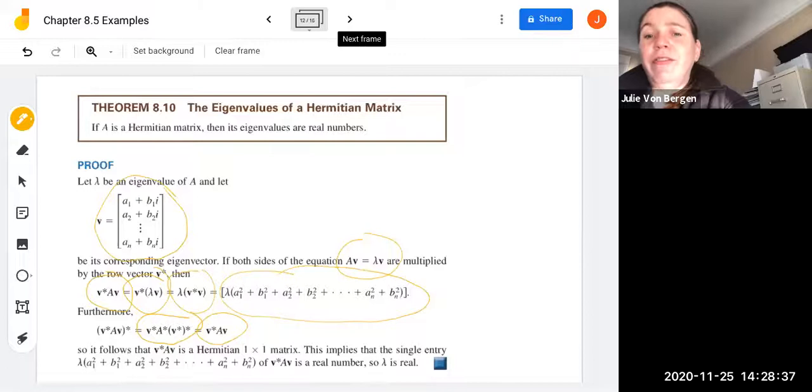So it follows that v conjugate transpose Av is Hermitian, because after going through those calculations, we ended up right back at the starting matrix. So it's a Hermitian 1-by-1 matrix. And this implies that the single entry, lambda multiplied by each component squared added up, is a real number. So lambda is real. And we did this for a generic eigenvalue. So that tells us that all the eigenvalues of these Hermitian matrices are real.